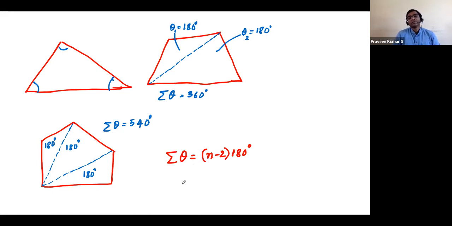Okay. Now, another interesting question that can be asked is how many diagonals can you draw? Let's say you take a quadrilateral. You know that there are two diagonals here. But in a pentagon, how many can you draw?